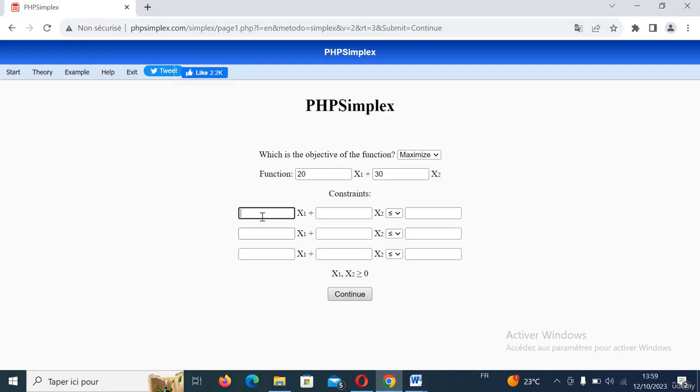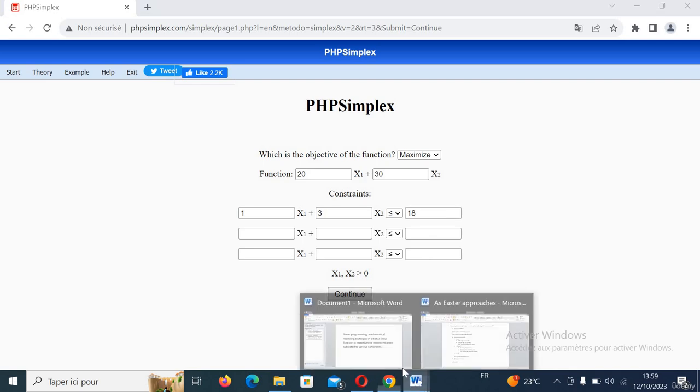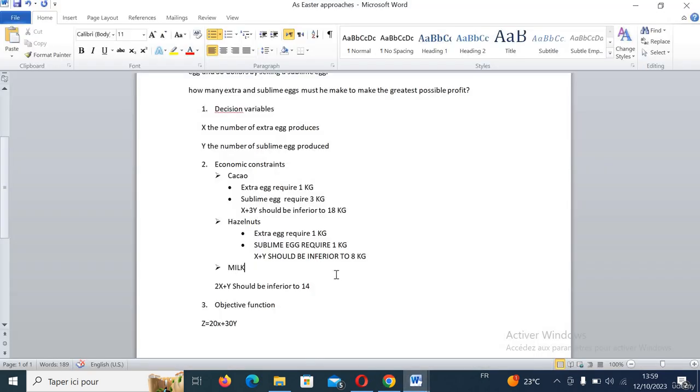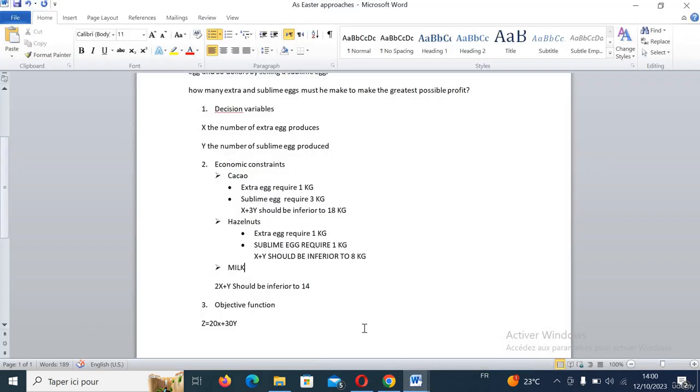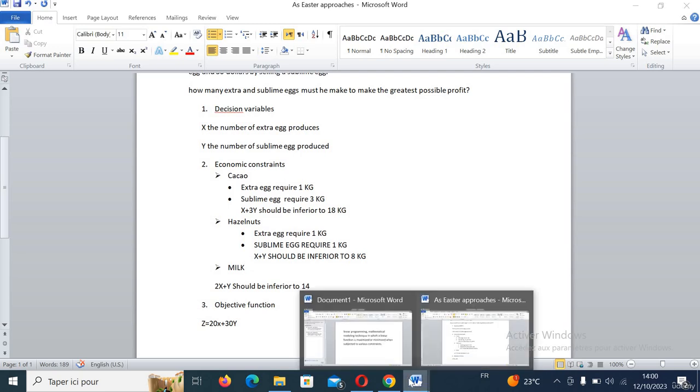That means 1 and 3 should be inferior to 18 kilograms because we have 18 kilograms of cacao left. For the hazelnuts, the same thing: x plus y should be inferior to 8. And for the milk, 2x plus y should be inferior to 14.